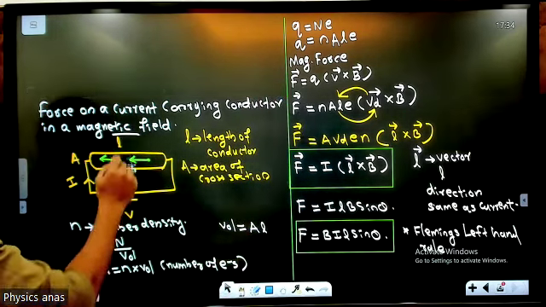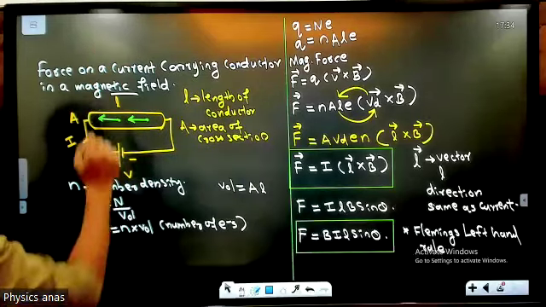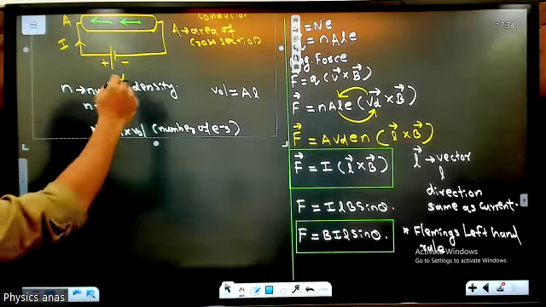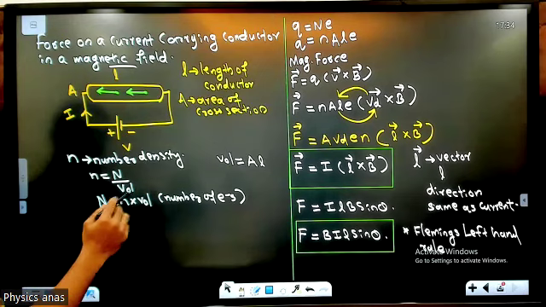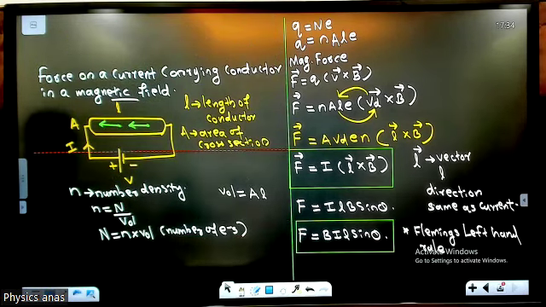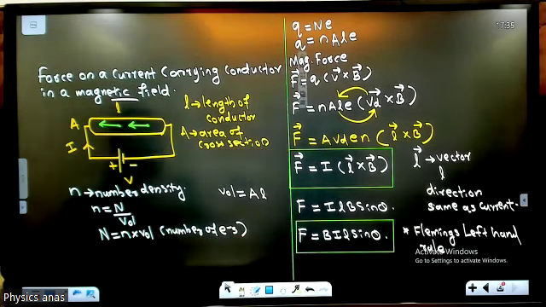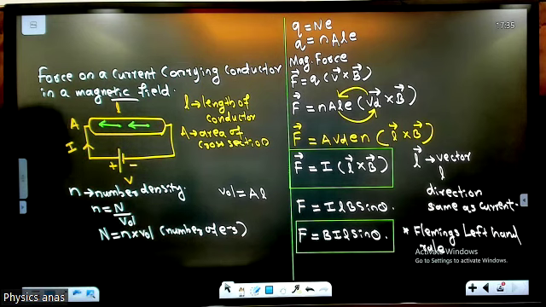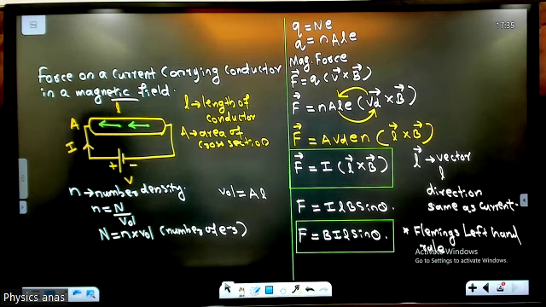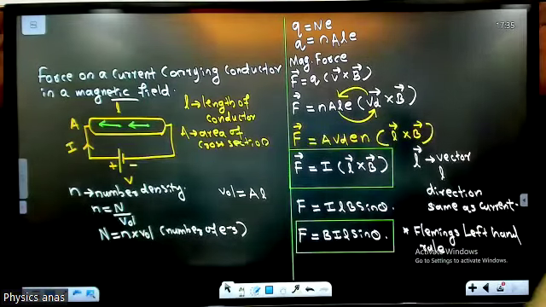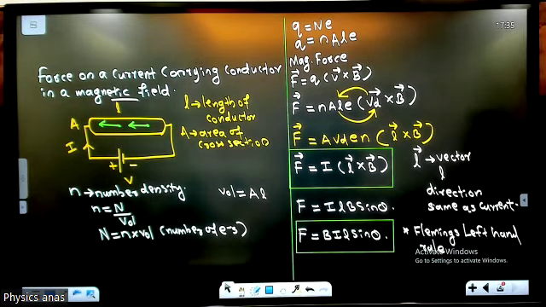Draw the figure, because it will help you to do the derivation.